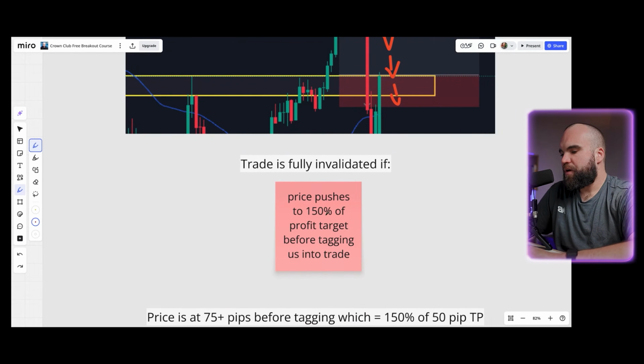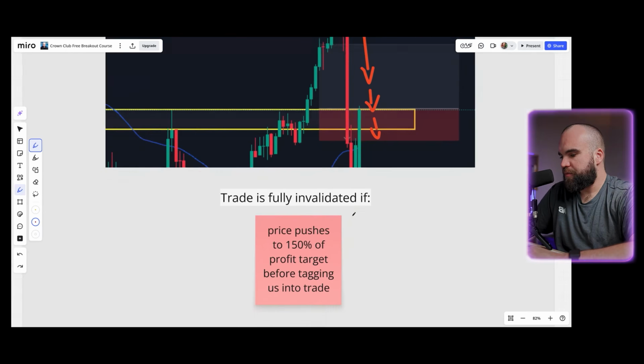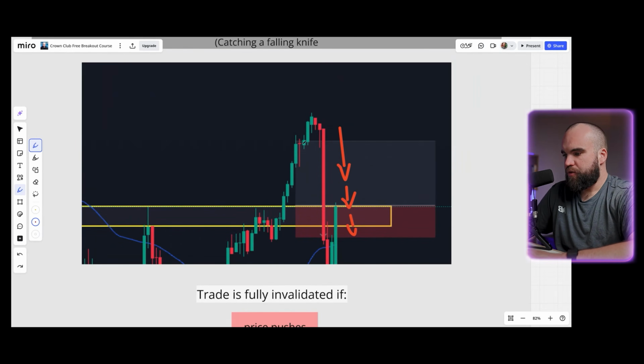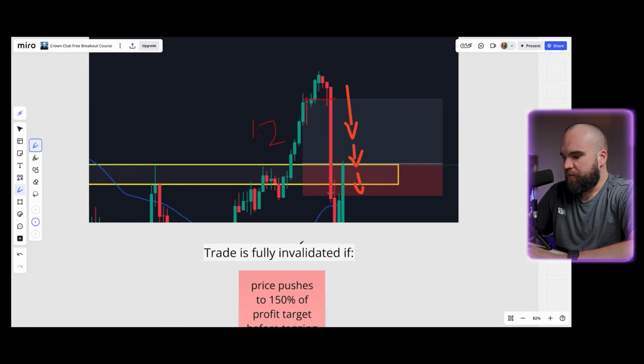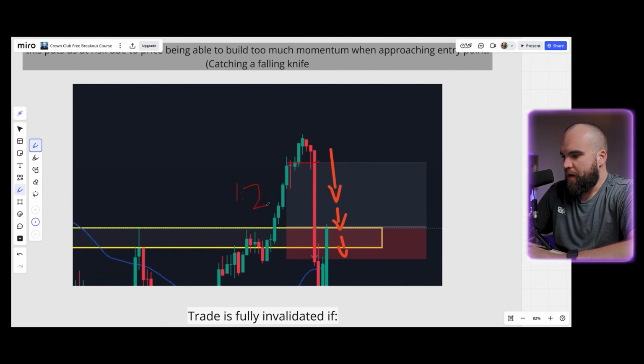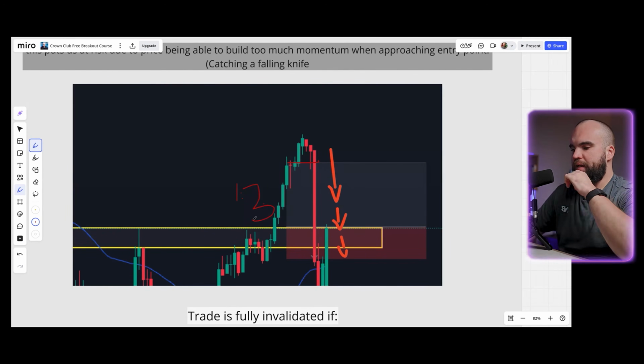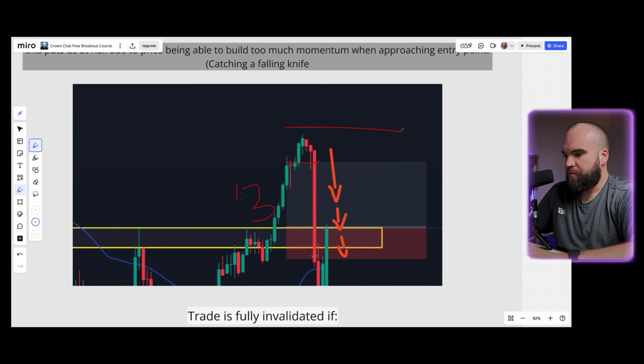I don't take the trade if the price pushes to 150% of the profit target before tagging us into the trade. Here you can see our profit target is at a 1 to 2 risk reward ratio. 150% of the profit target would put us at 1 to 3. If we get to 1 to 3, which would be roughly up here, I would then invalidate the whole setup fully.